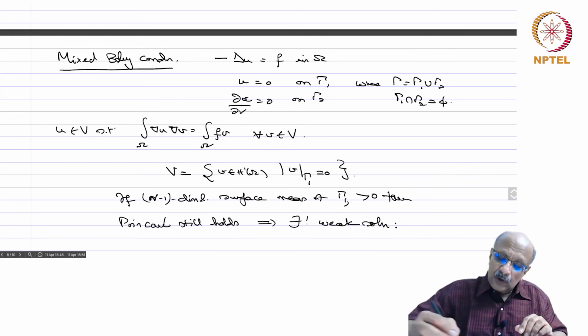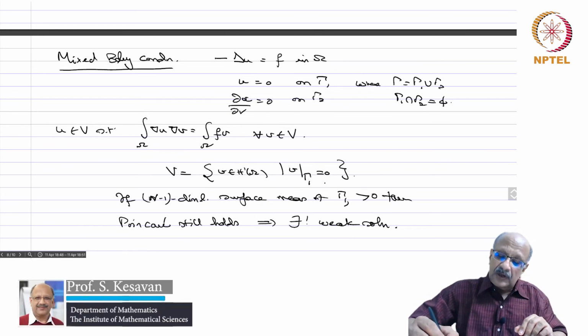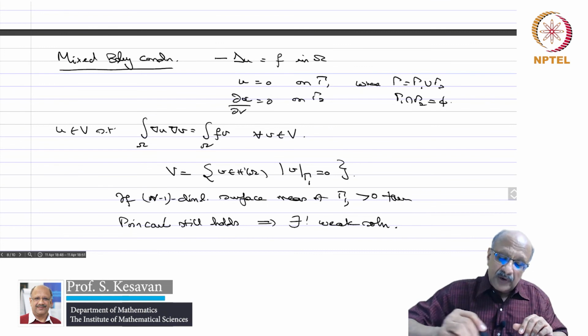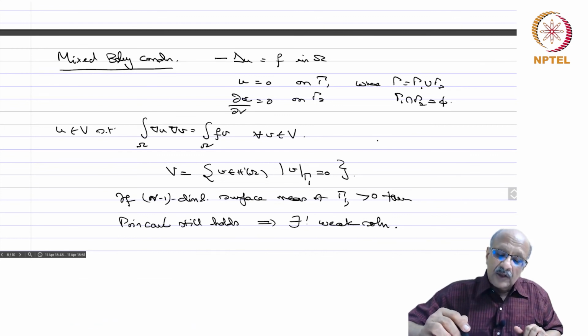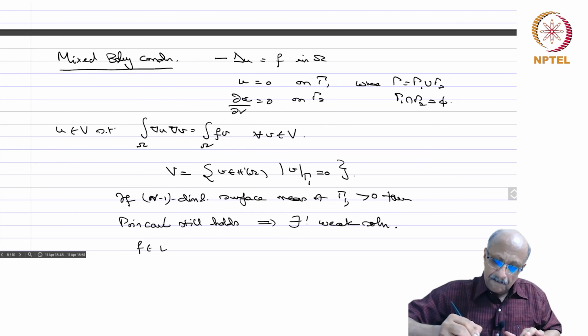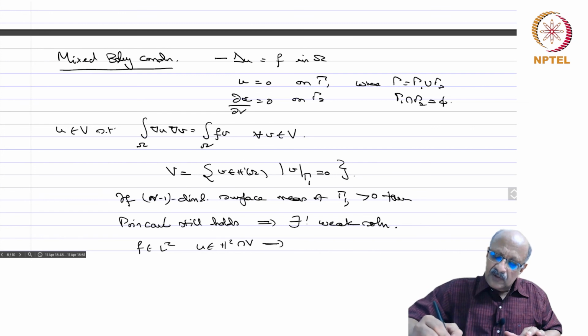And then you can go and check that the condition we have imposed on the boundary, the Dirichlet condition, which is an essential condition, and if you work backwards with this bilinear form and write down explicitly the Green's formula and so on, then you should be able to show that a smooth solution, say if f is in L2 and u is in H2 intersection V, then this will imply a weak solution.